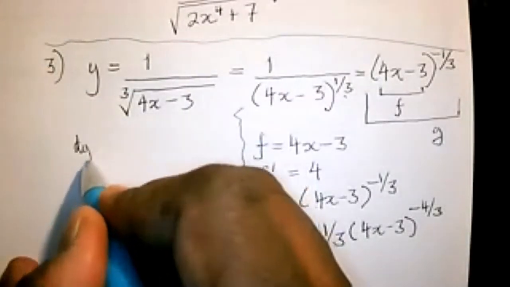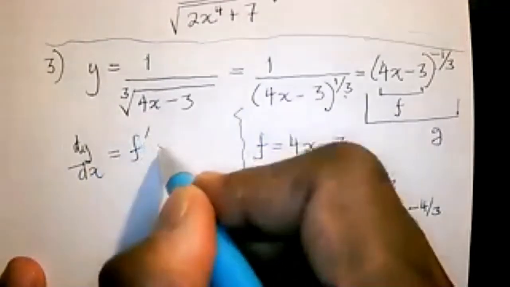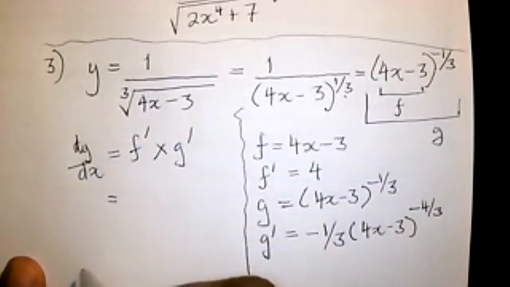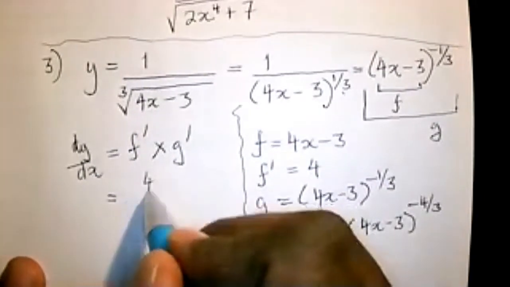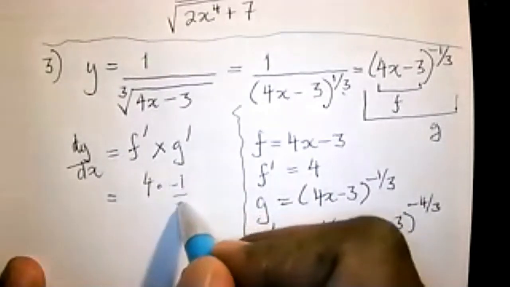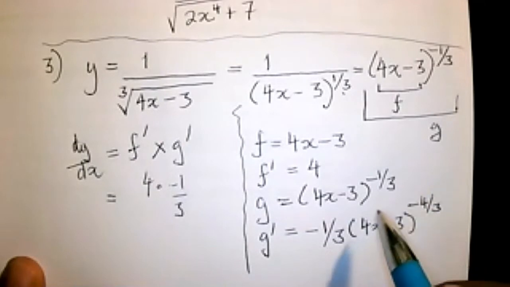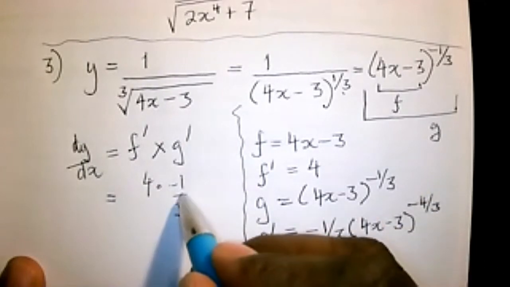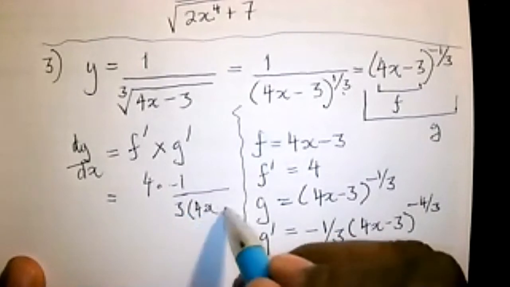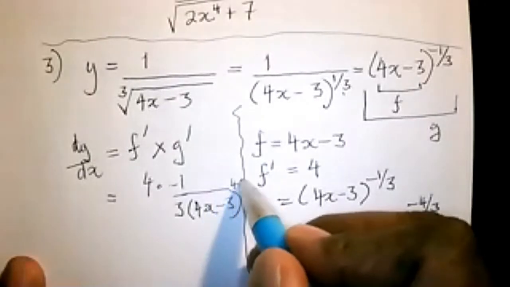So our dy dx is found by multiplying our f prime by our g prime. And in our case, what is our f prime? Our f prime is 4, and we're multiplying by minus 1 over 3. So notice that since this bracket is negative in the numerator, it becomes positive in the denominator. So we might as well bring it straight away to the denominator, and then it becomes positive.